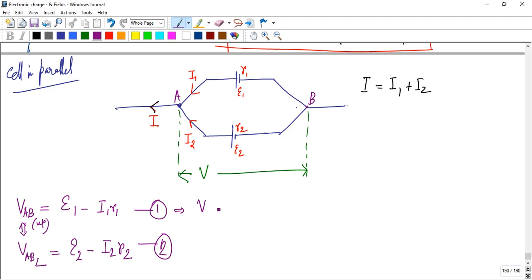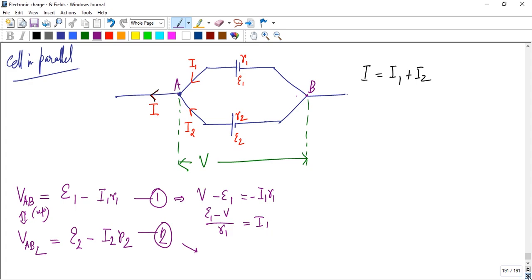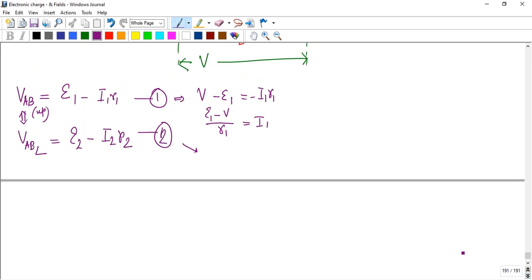So V equals epsilon 1 minus I1 R1, and we get (epsilon 1 minus V) by R1 equal to I1. Similarly, (epsilon 2 minus V) by R2 is equal to I2.